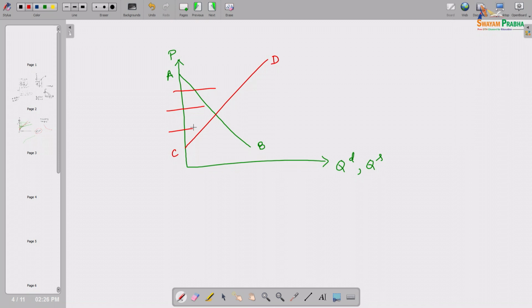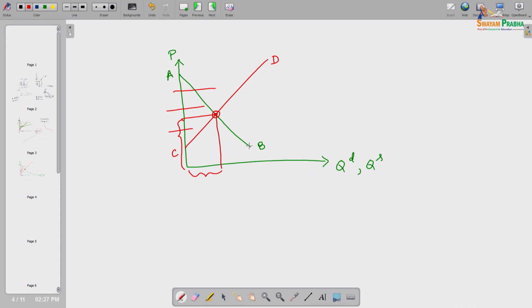So, what is that price level? Definitely where the two curves cut each other. This is the price level at which quantity demanded and quantity supplied are exactly equal. This is both the quantity demanded as well as the quantity supplied.